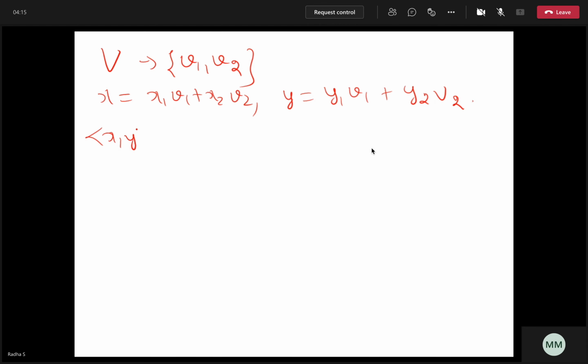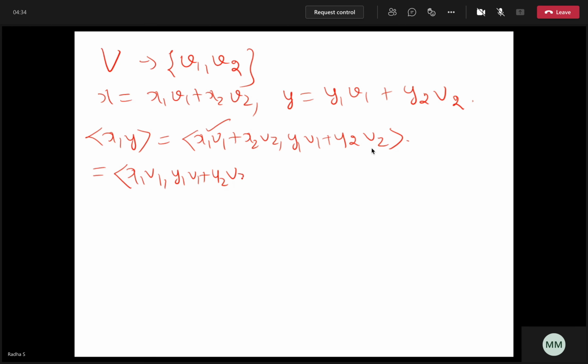Right? So what is the inner product of x comma y? Inner product of x1 v1 plus x2 v2, y1 v1 plus y2 v2. So can you say what is this inner product? This is first x1 v1 comma y1 v1 plus y2 v2, plus x2 v2 comma y1 v1 plus y2 v2.